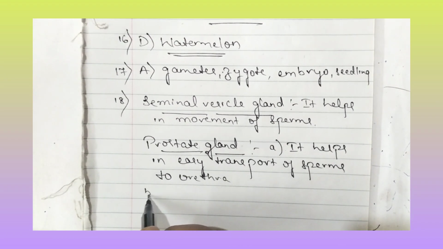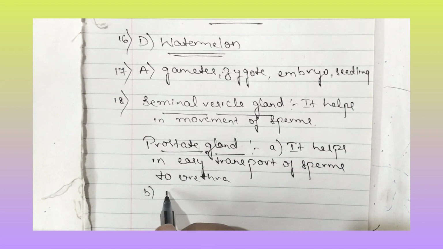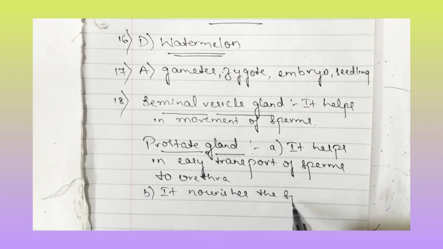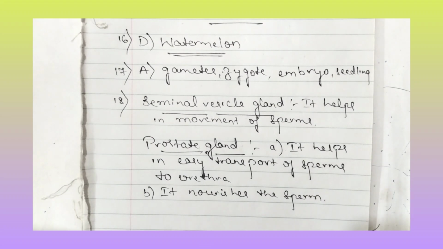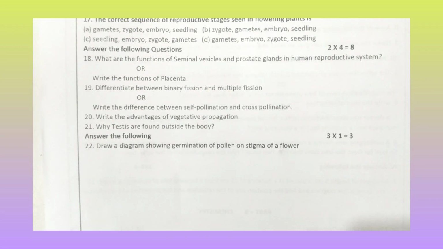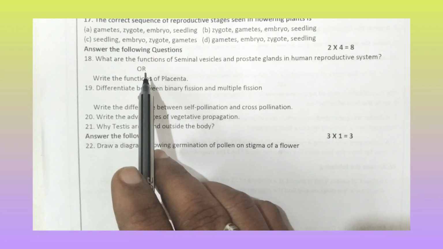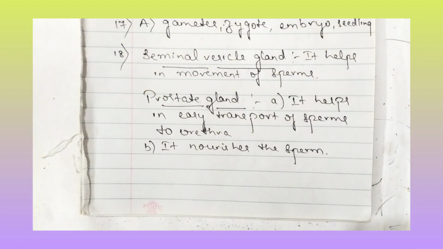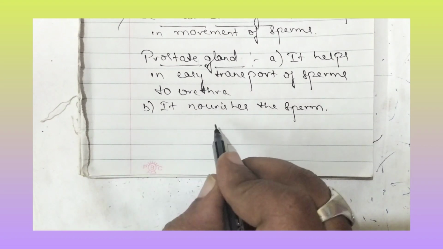And the second function of prostate gland is it nourishes the sperm. So these are the two functions of prostate gland. So now let us move to the internal choice question. Write the functions of placenta. Now let us answer what are the functions of placenta.